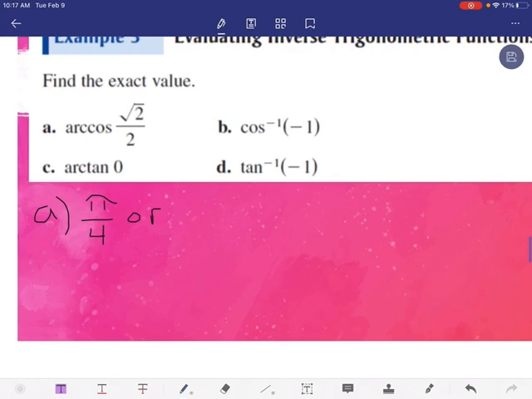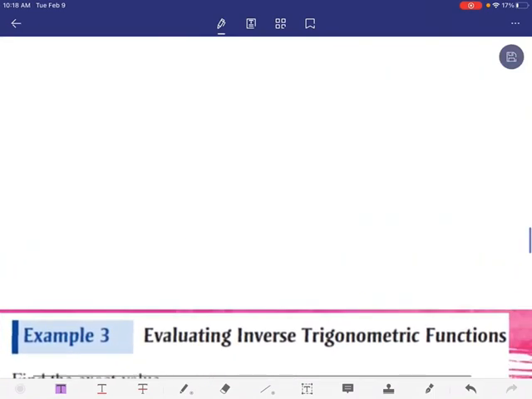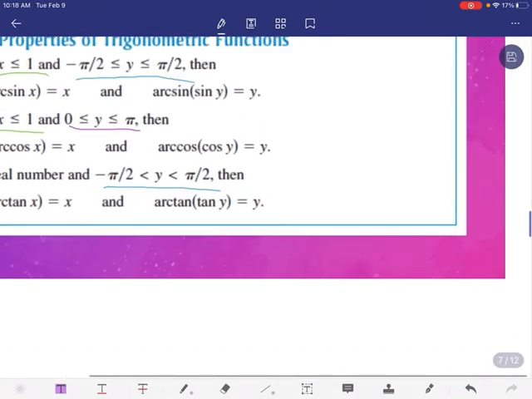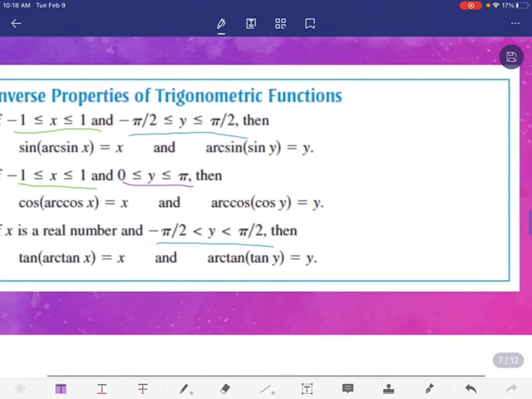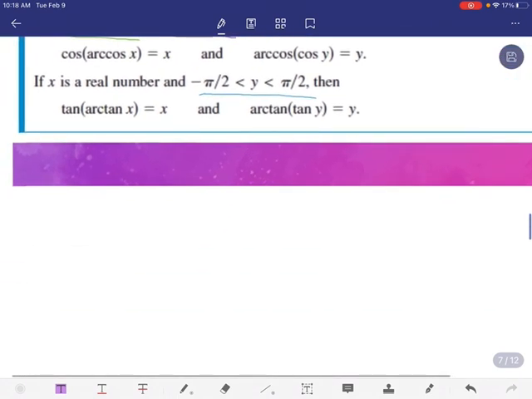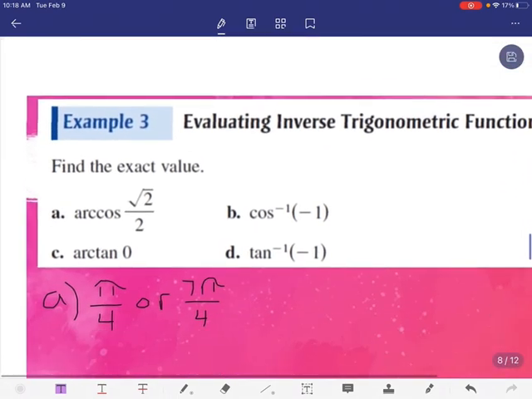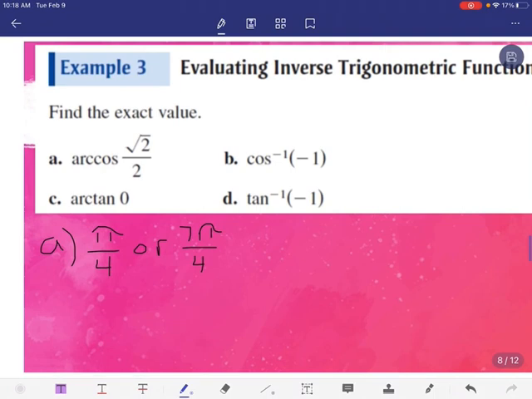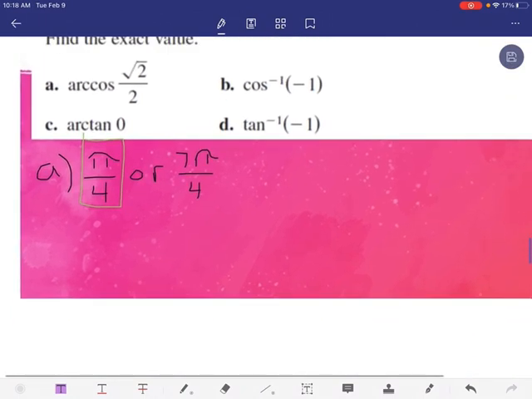Now remember, for cosine, if we needed to remind ourselves, we need to be between 0 and pi. Well, out of those two, the only one that's between 0 and pi is the pi over 4. So that one would be our answer.